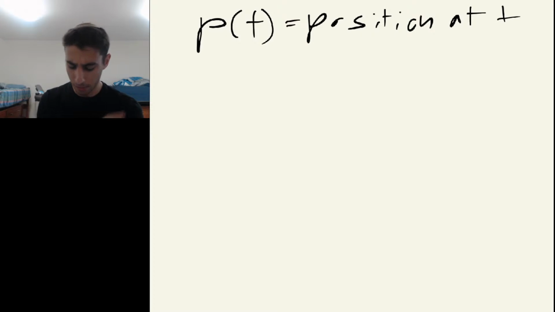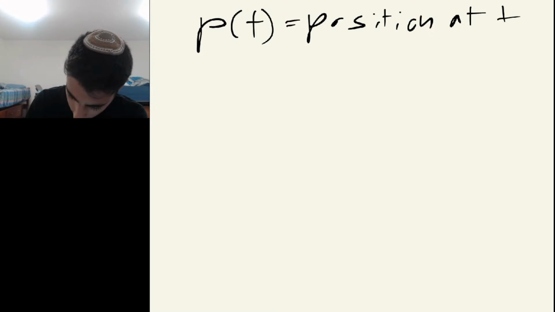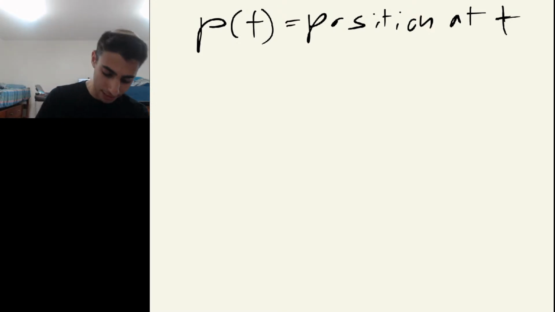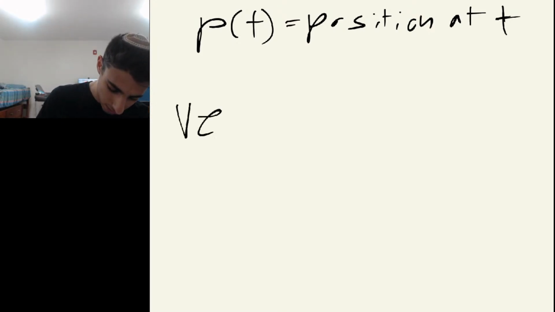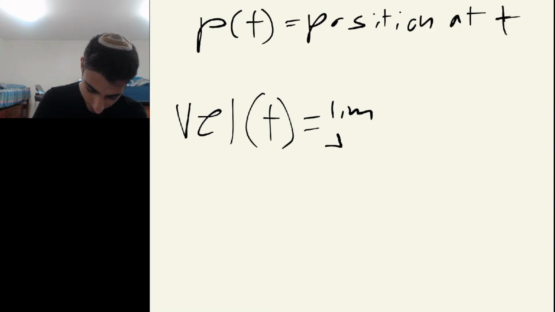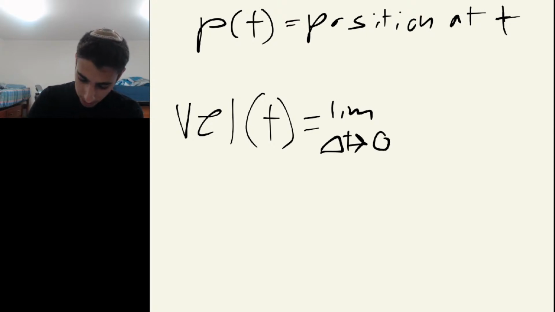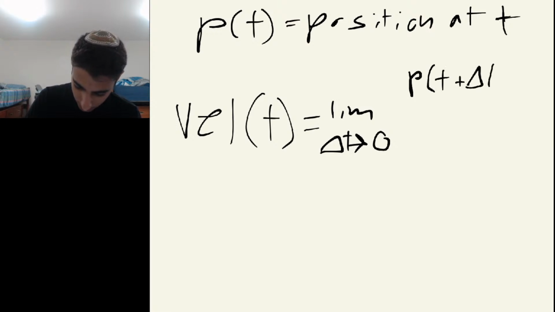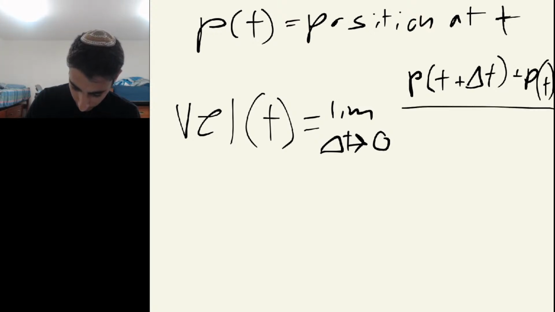Okay, so anyway, let's get back to physics. p of t equals position at time t. That's how we're defining it. The instantaneous velocity, v of t, equals the following: the limit as delta t approaches 0 of p of t plus delta t minus p of t, over delta t.